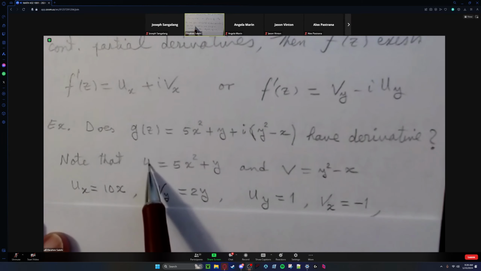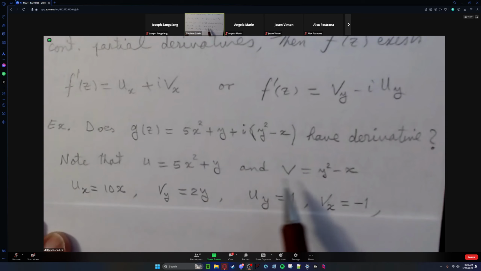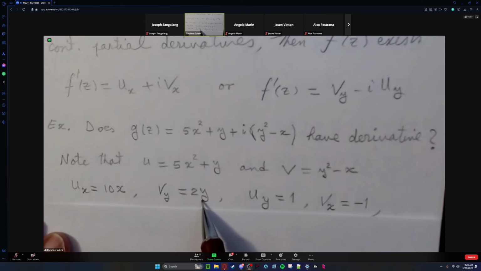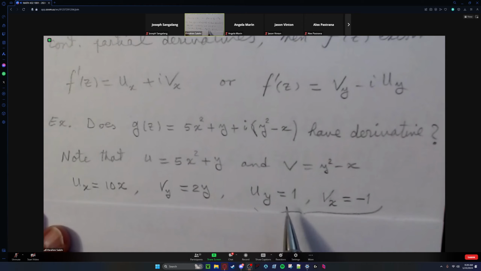The partial derivative of u with respect to x is 10x. The partial derivative of v with respect to y is 2y. Apparently, they're not equal. But even more interesting, the partial derivative of u with respect to y is 1, and the partial derivative of v with respect to x is -1.